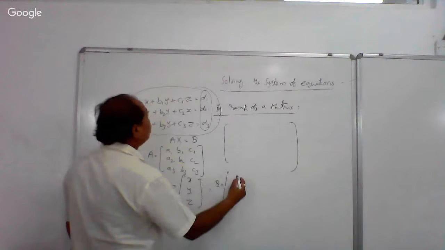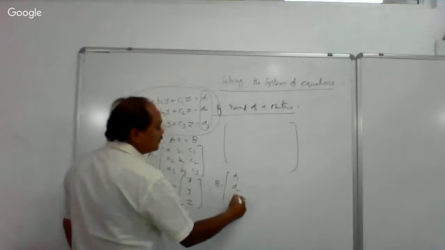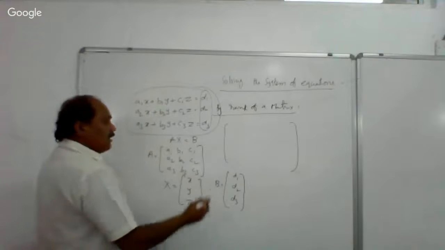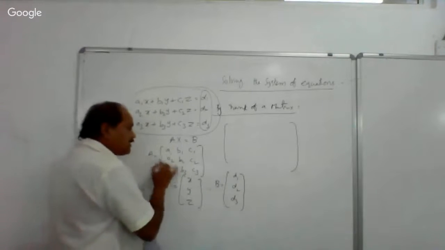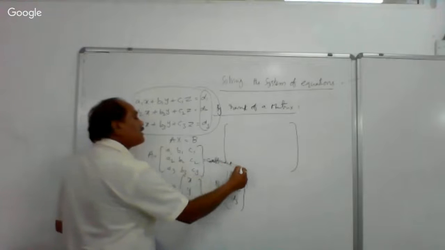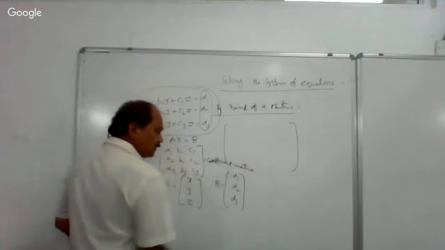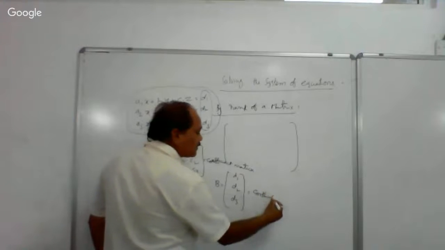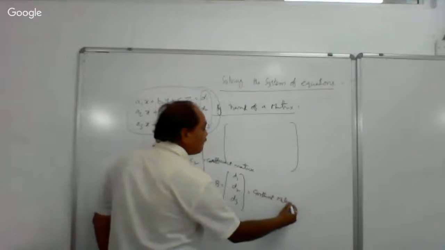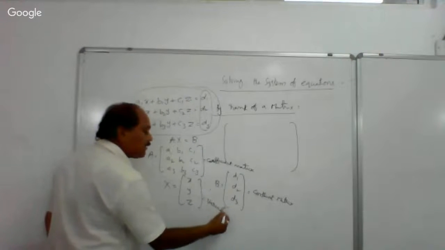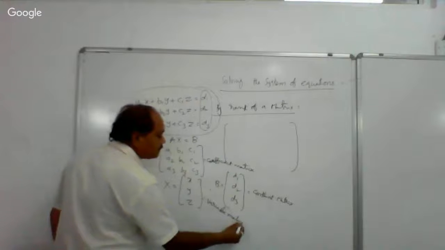And B is called the constant matrix, that is d1, d2, d3.